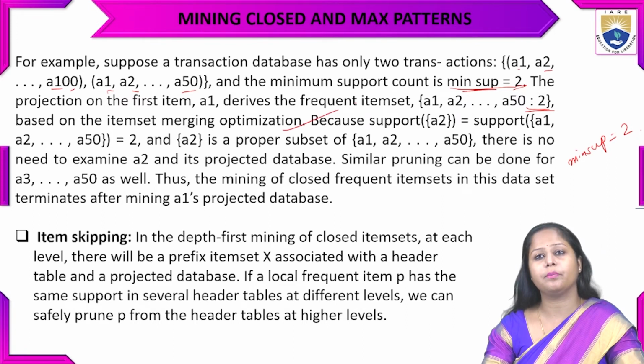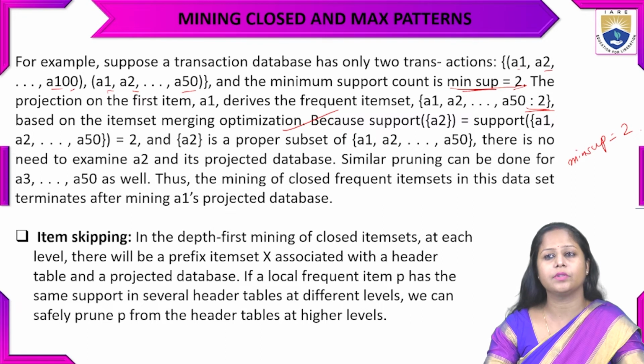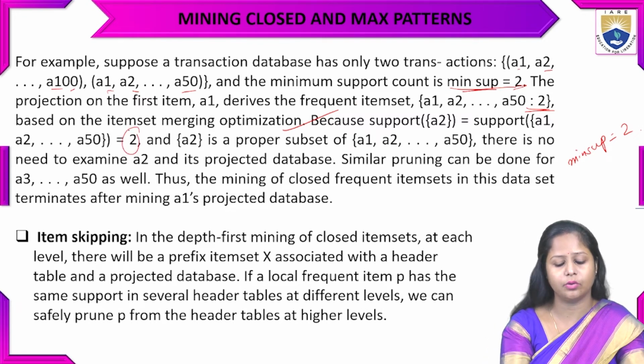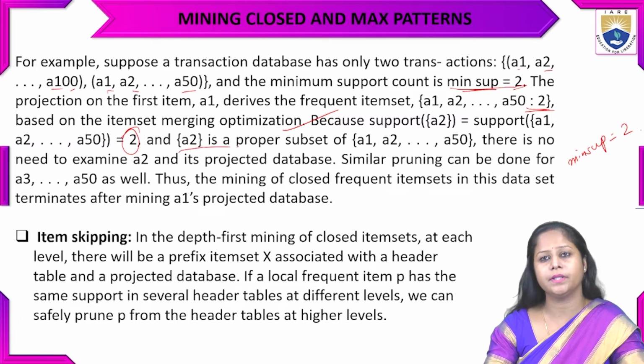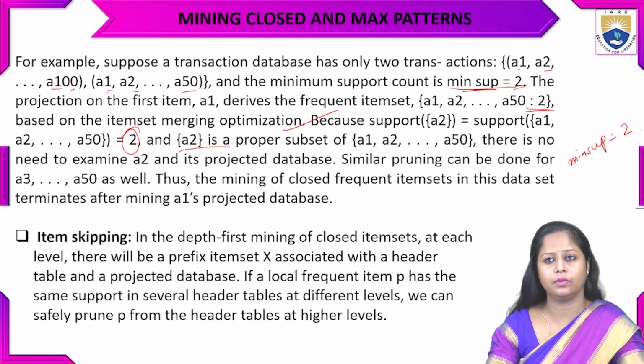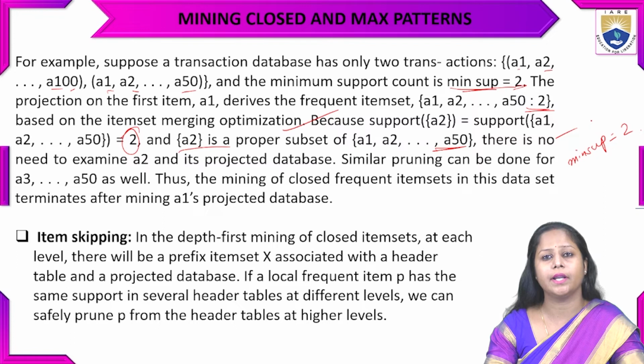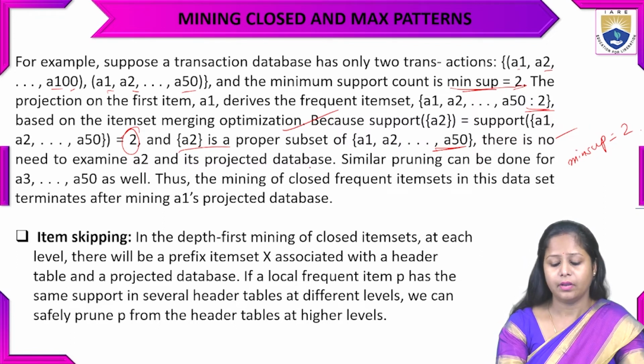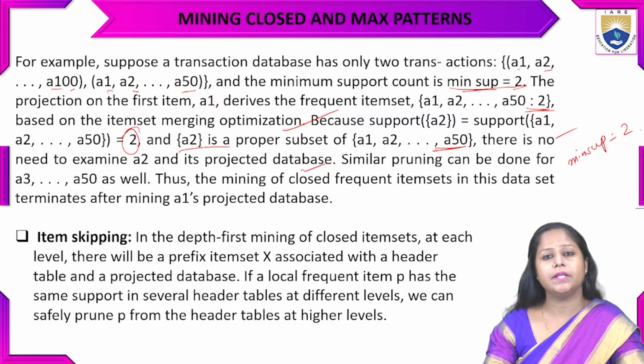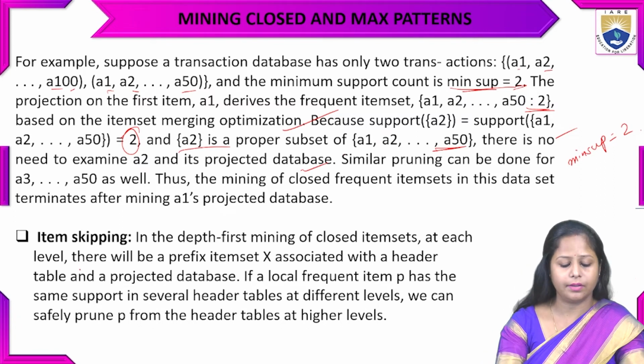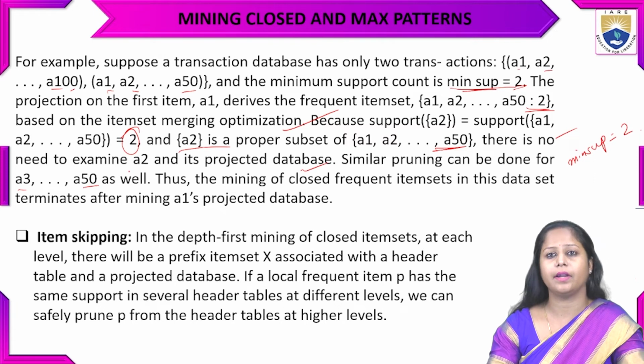Because the support of A2 is equal to the support of A1, A2 through A50, which is 2, and A2 is a proper subset of A1, A2 through A50, there is no need to examine the A2 item and its projected database. Similarly, pruning can be done for A3 through A50 as well.